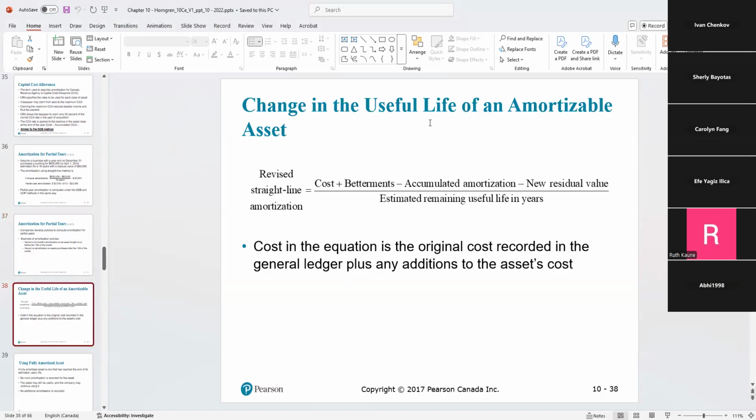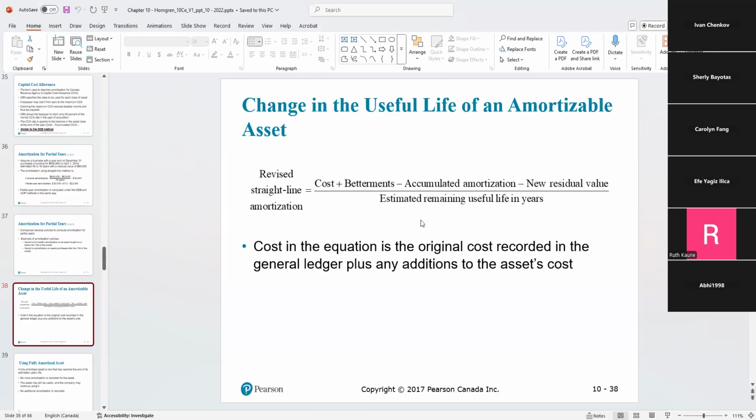Now, what's going to happen if we decide to change the useful life of the asset? Well, we have to revise the calculation. We're going to get the cost. If we increase the value of the asset, we're going to add the additional cost to the cost. We're going to deduct the accumulated amortization up to this point.